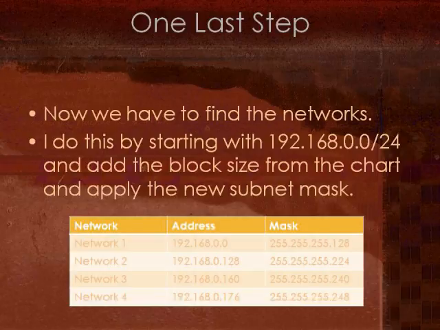So the new network address for network 2 is 192.168.0.128, and the subnet mask for that is 255.255.255.224. Then to get the third network address, you add the 32 block size to the 128, and you get 160. So the network 3 address is 192.168.0.160, and the mask value for that is 255.255.255.240.